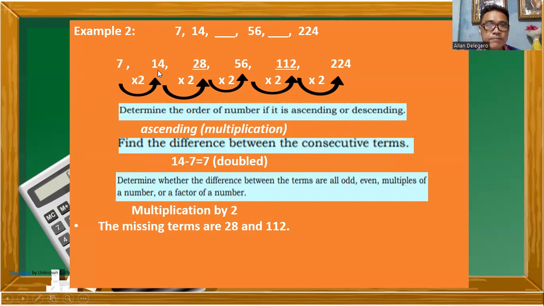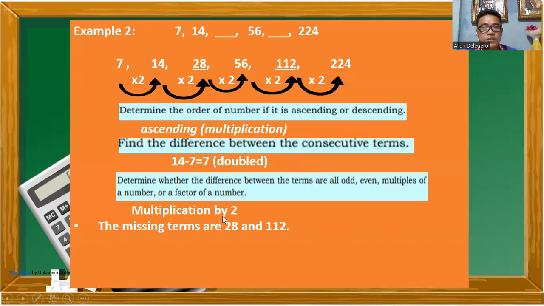So 14 minus 7 is 7. 28 minus 14 is 14. So it is doubled. It means the operation to be used is multiplication.